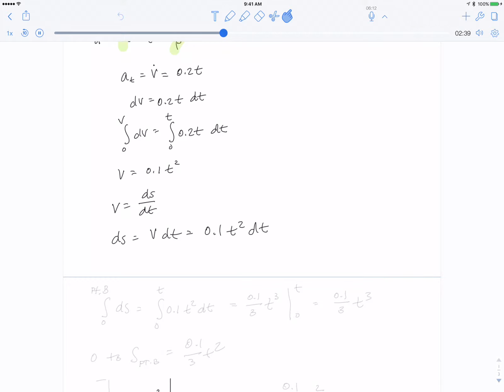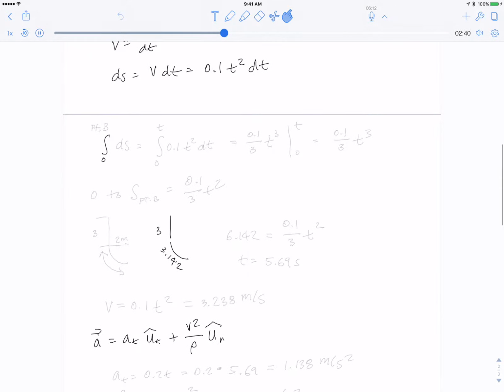And so now we can integrate that. The integral from 0 to point B, we'll figure that out in a little bit, of ds equals the integral from 0 to t, which is unknown, of 0.1t squared dt.